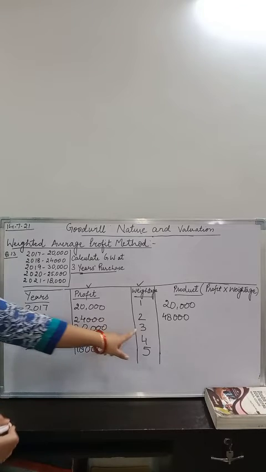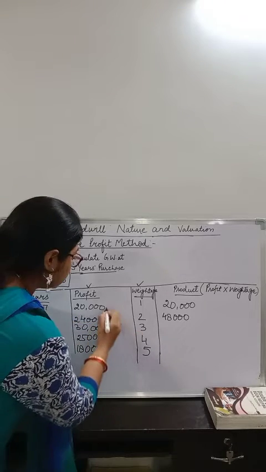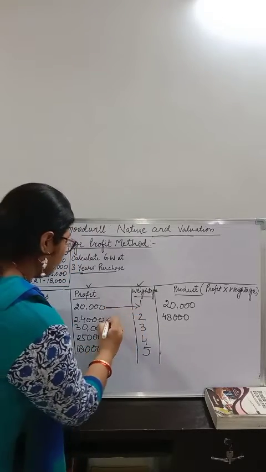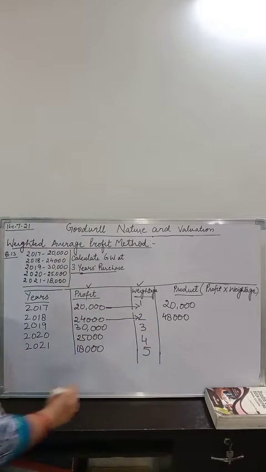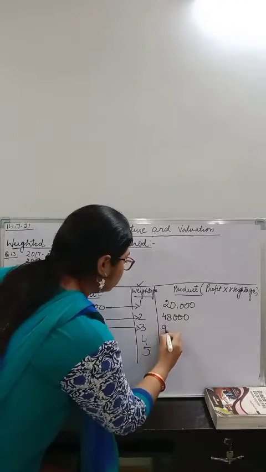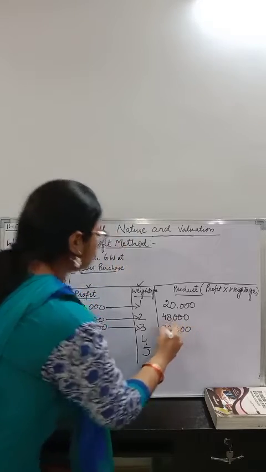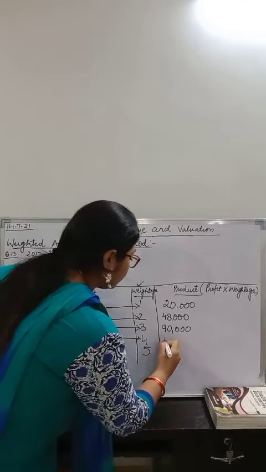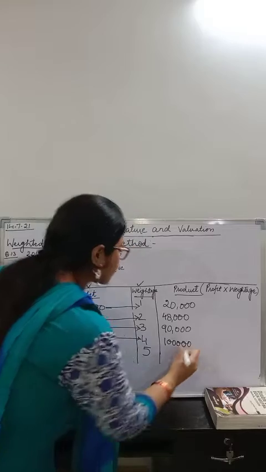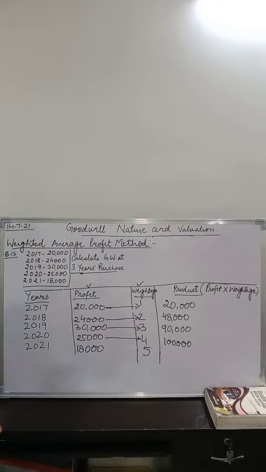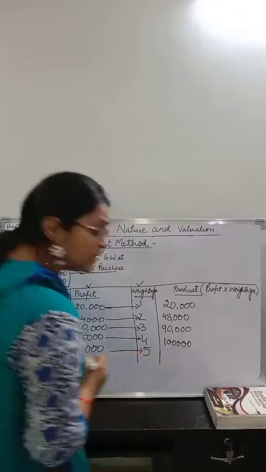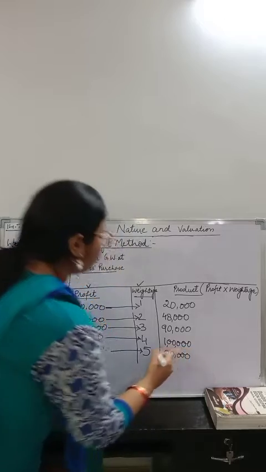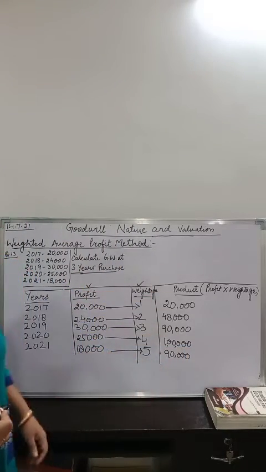Then the third one, 30,000 multiplied by 3, which is 90,000, and 25,000 into 4, this will become 1 lakh, and 18,000 multiplied by 5, this is 90,000. Now we have the products of all 5 years.